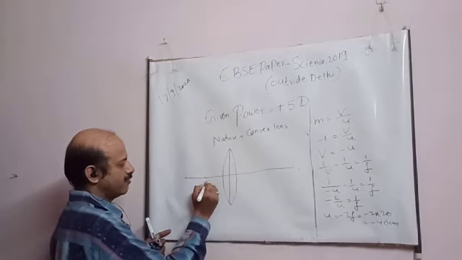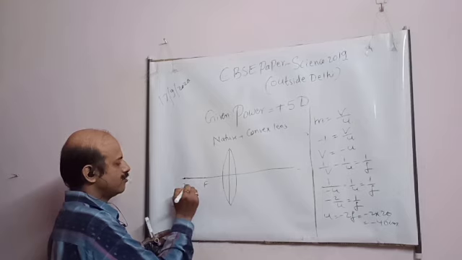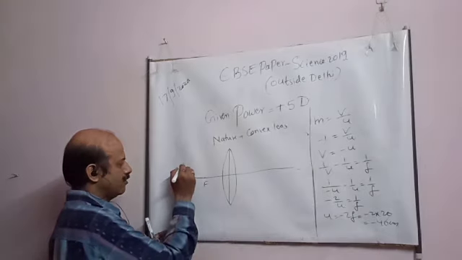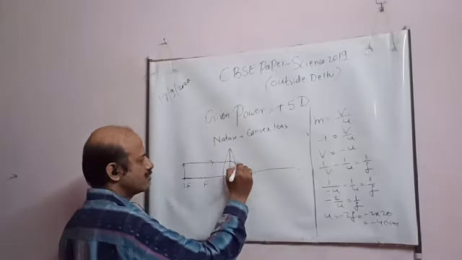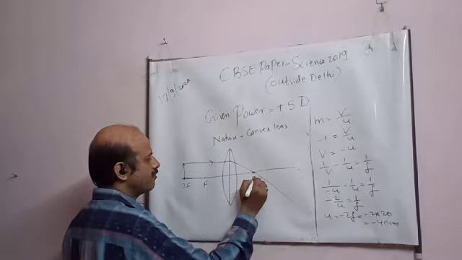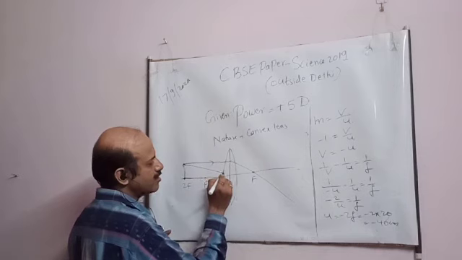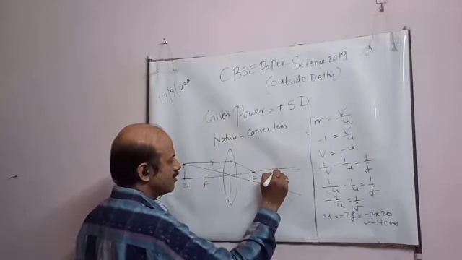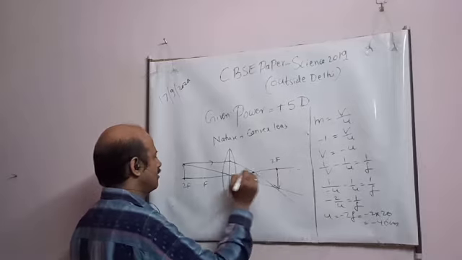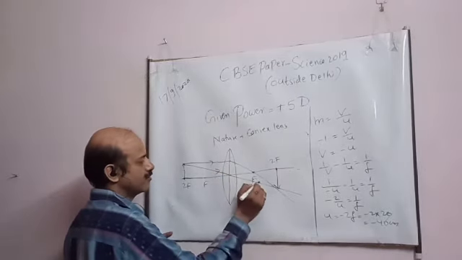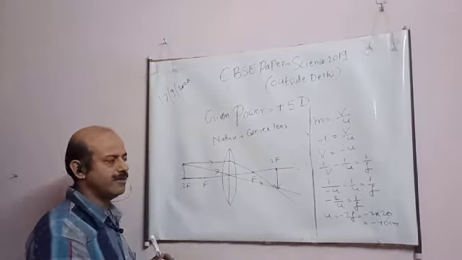This is F, this is 2F, this is the object. One ray parallel to the principal axis will go through F. Another ray through the optical center will go straight. So this image will be of the same size. It is formed at 2F, student. The size will be the same, student. This kind of ray diagram can be seen.